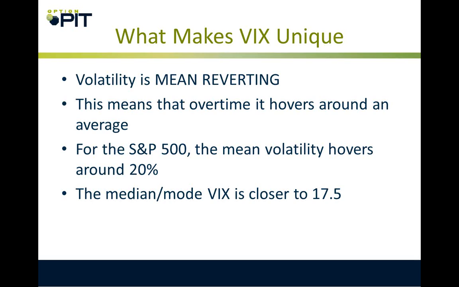The VIX does not have an upper bound, so it can trade up to, in the financial crisis, over 80. In 87, it would have traded well into the hundreds. But volatility at its absolute lowest, how many days in total do you think the VIX has traded below 10%?